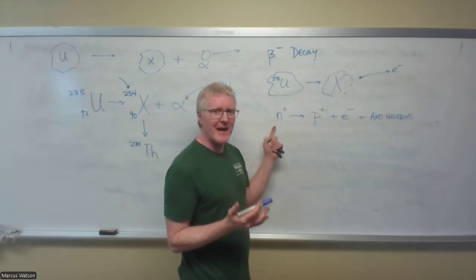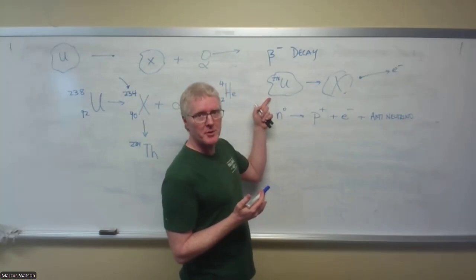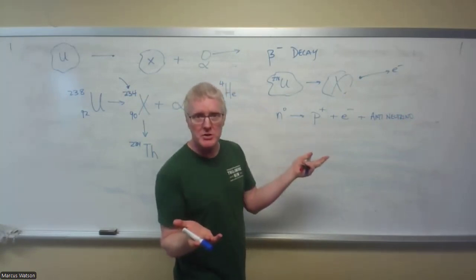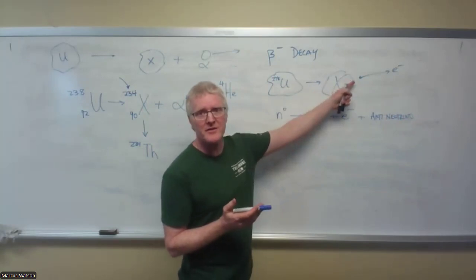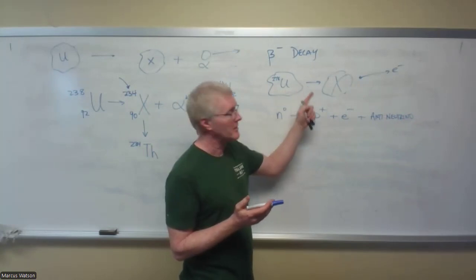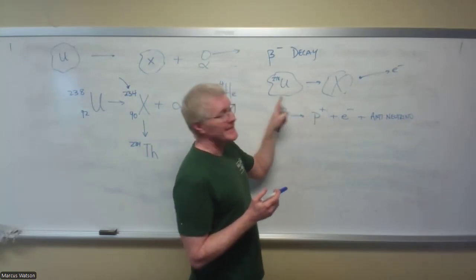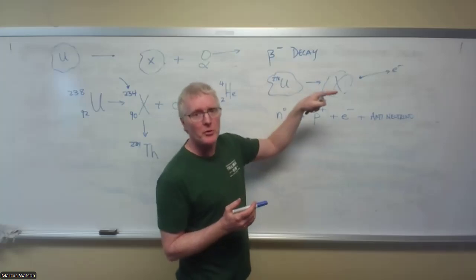So what's the effect here? If I look at the number of neutrons plus protons in the nucleus, that should not change. That should be 238 to 238 because this is not a proton or a neutron, so these two numbers have to match up. However, I did change the element because now I've got one extra proton in here.